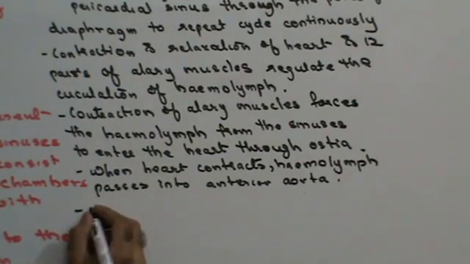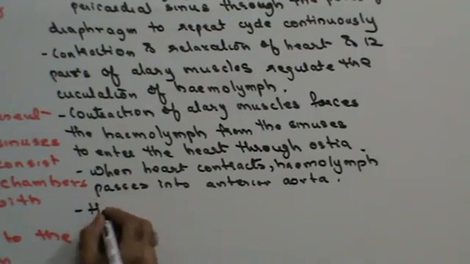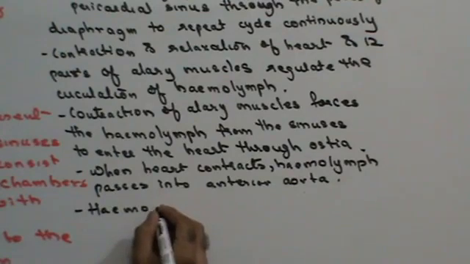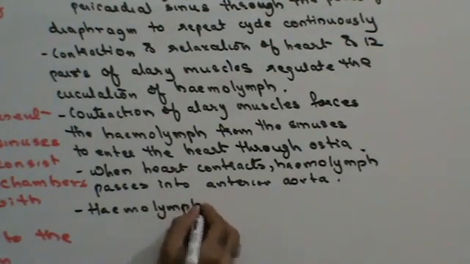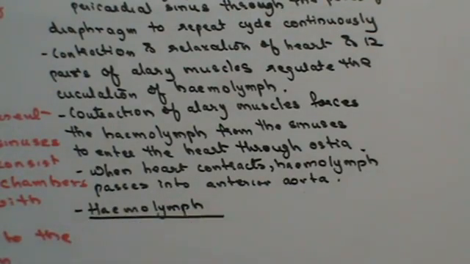Next, let us see the hemolymph itself, the third part of the circulatory system. What is hemolymph? It is colorless blood without respiratory pigments in cockroach.